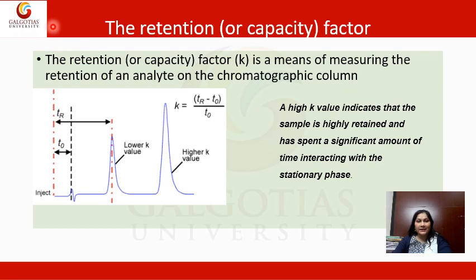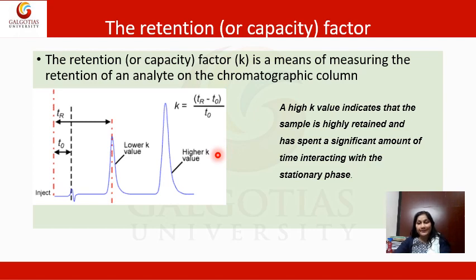First, we will take retention or capacity factor, that is denoted by small k. The retention or capacity factor is a means of measuring the retention of an analyte on the chromatographic system. A high k value indicates that the sample is highly retained.